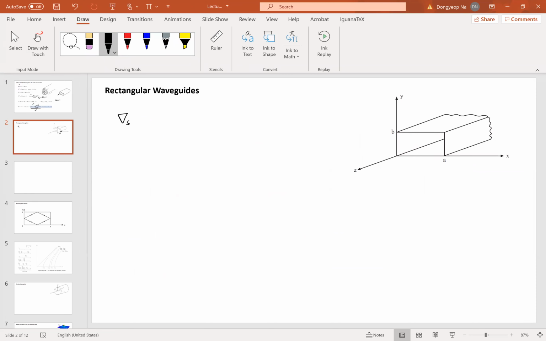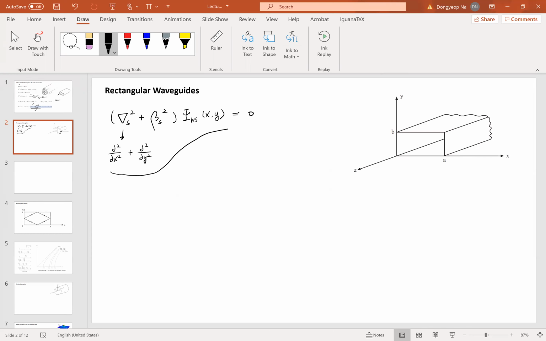Again, the transverse Helmholtz wave equation was given in this way, equals 0. This is just partial squared over partial x squared plus partial squared over partial y squared, so we need to solve this equation.